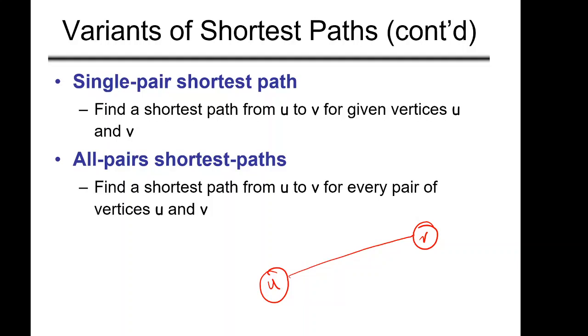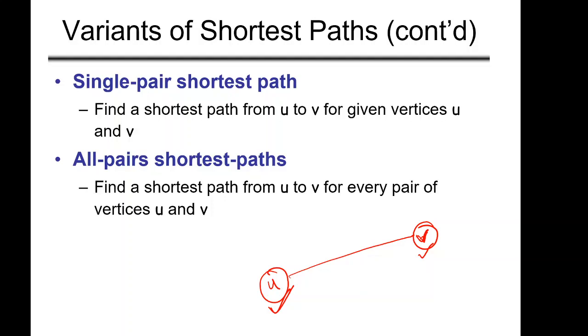If we solve the single source shortest path problem, we can just select the source u, solve the single source shortest path problem, and select the answer for reaching v. So this is a special case of the single source shortest path problem.